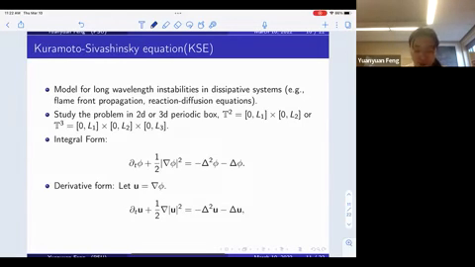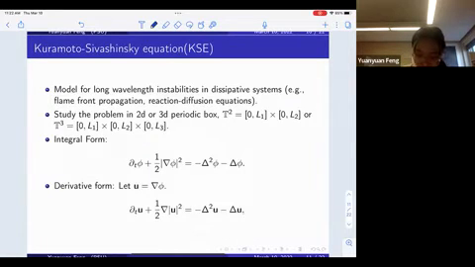Usually the equation has two forms. One is the integral form, which is written as partial t phi plus a half times gradient phi squared equals minus Laplacian squared phi minus Laplacian phi. And if we denote the vector u to be the gradient of phi, then we also have the derivative form of the equation, which is partial t u plus a half times the gradient of u squared equals minus Laplacian squared u minus Laplacian u.